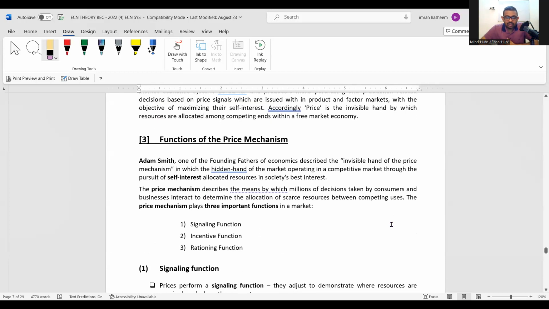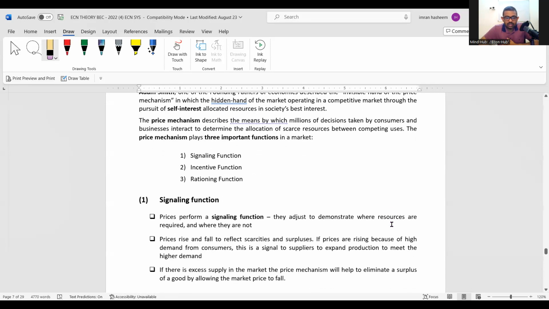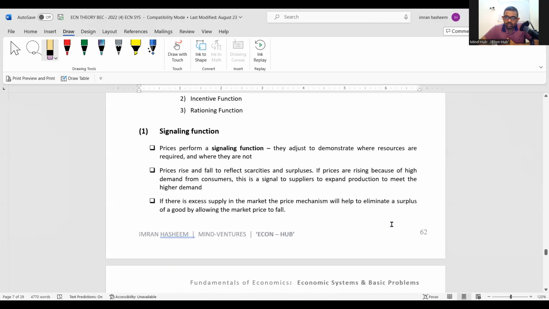Then we go to functions of price. I have explained the functions of price in a more technical, theoretical way here. You need to read this and be good with the theoretical idea, but you will only understand the functions of price if I give you a practical example.